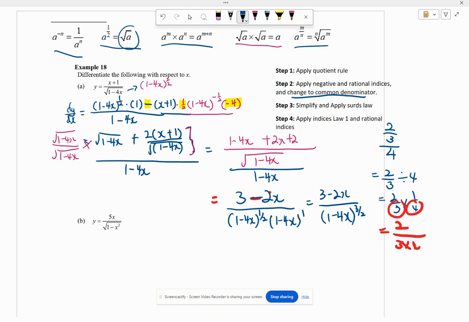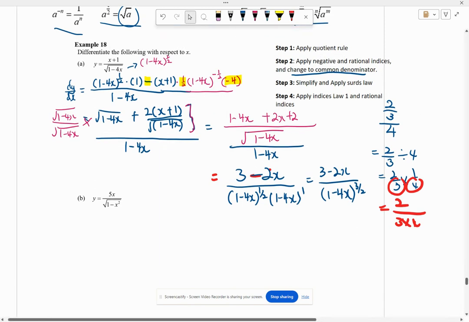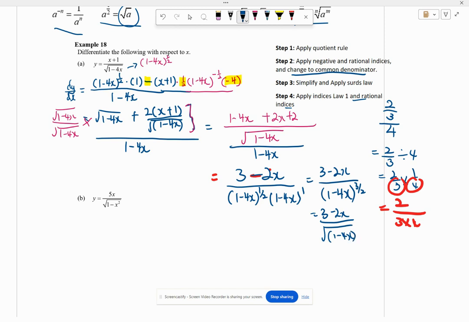And for the last step, we apply the rational indices. We get 3 minus 2x over square root of (1 minus 4x) to the power of 3. Okay, so that's how we approach this question.